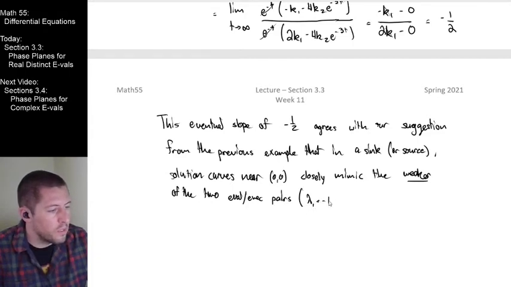Lambda 1 equals negative 1 is weaker than lambda 2 equals negative 4. And remember that v1 here was the vector negative 2, 1. That's a line of slope 0.